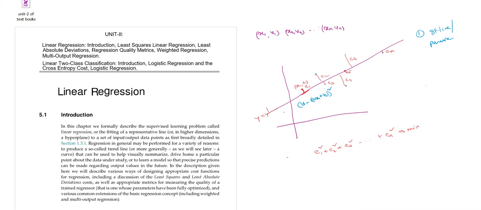Let me explain that practically. Suppose, imagine this is minus 2, for example. Since this one is above, let it be taken as plus 2. This is plus 3. This is minus 1. This is minus 3. This is 0.